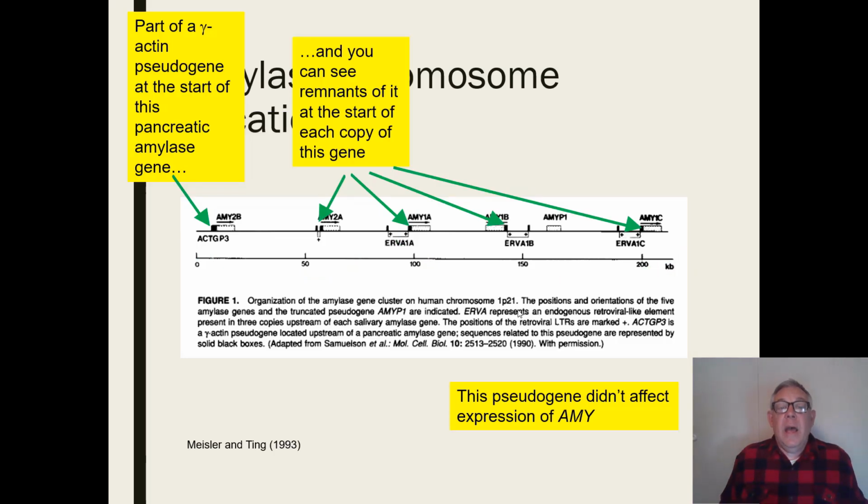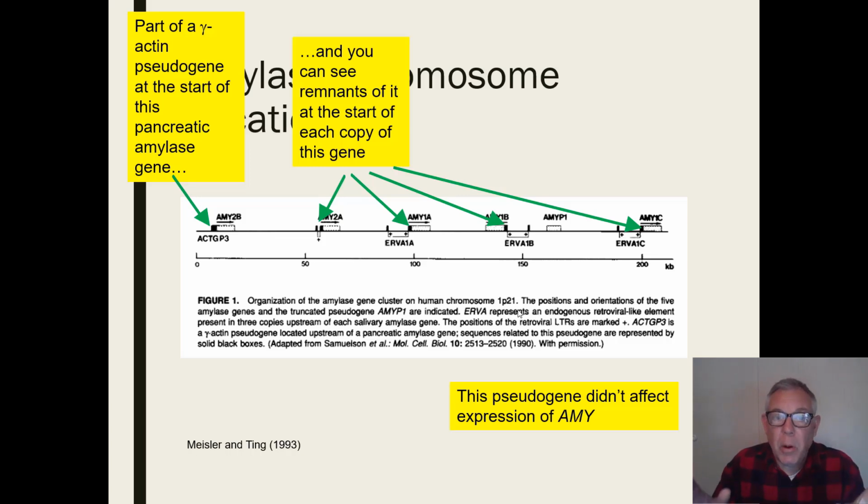Now, if you look at this gene, and you sequence it, you can compare it to other genes that we know about, and you can see at the start of the gene, there's part of a gamma-actin pseudogene at the start of each of these copies. And so when we look at the gene, of course, we can figure out where the promoter is. That's where the gene starts being transcribed.